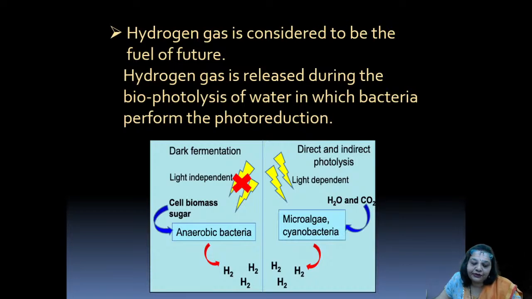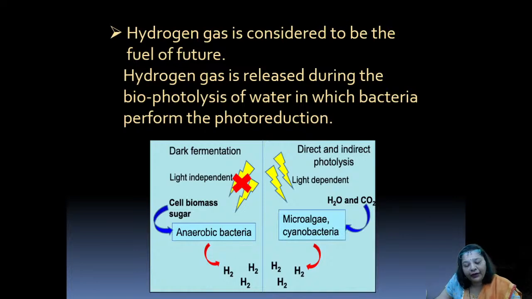You can see in the picture the dark fermentation, the light independent fermentation, where the cell biomass undergoes a fermentation process on the sugar, and the anaerobic bacteria produce the hydrogen gas as a product of that fermentation.